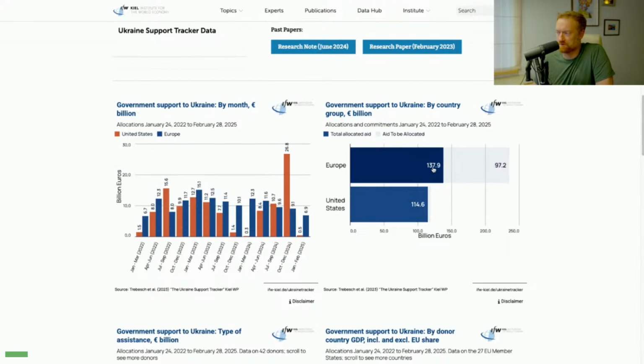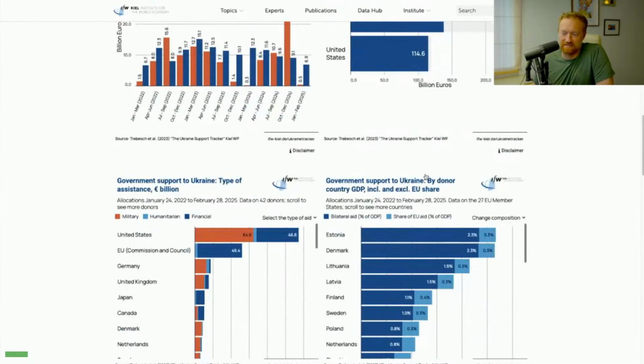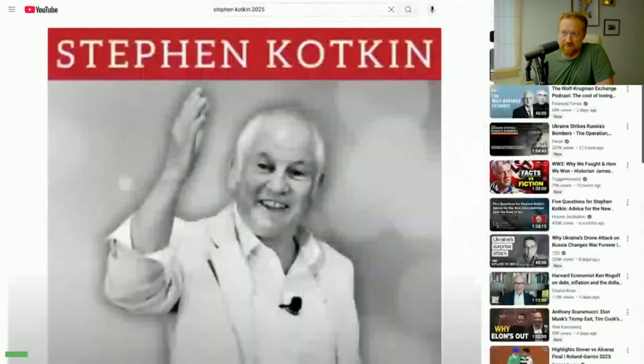So these are the totals. It's not 300 billion that Trump says that America has given. Kotkin does it very well. It's not exactly the approach that he would prefer to use.